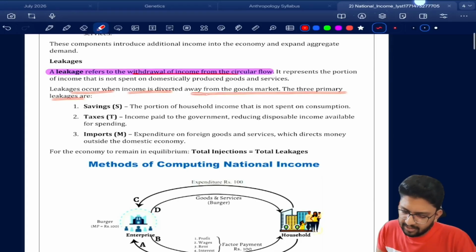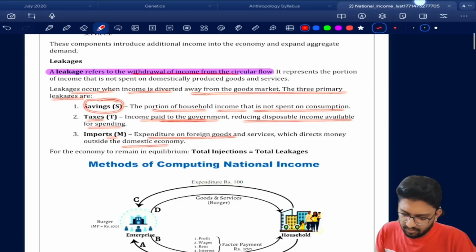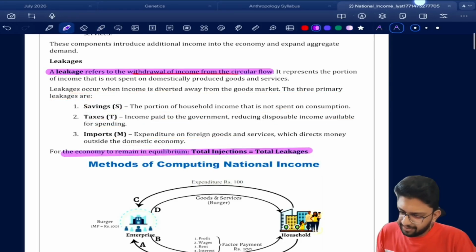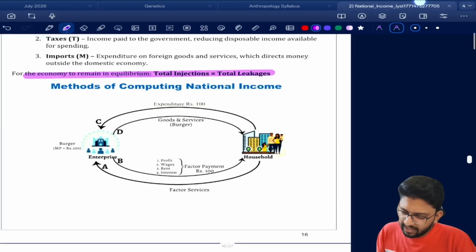The three primary leakages are savings, the portion of household income that is not spent on consumption; taxes, income paid to the government, reducing disposable income; and imports. For the economy to remain in equilibrium, total injections are always equal to total leakages. Fine, I understood this.